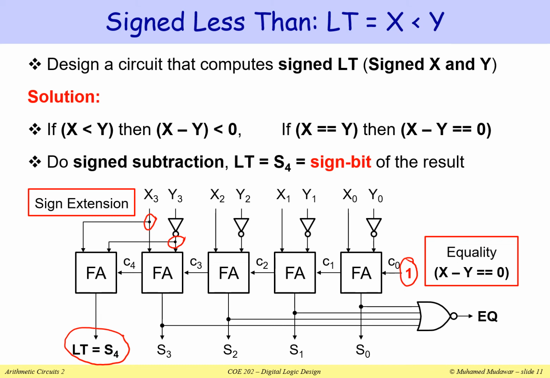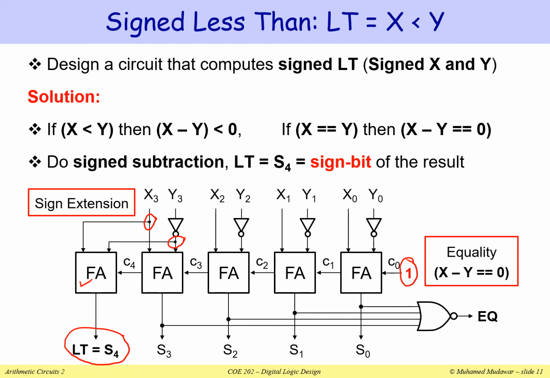So the difference between this circuit and the previous one that we have seen in the previous slide is that we have to use sign extension, and we need an extra full adder here to compute the most significant bit S4, which will be the true sign of x minus y.